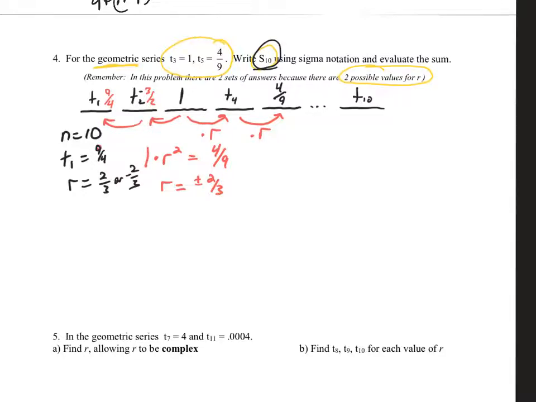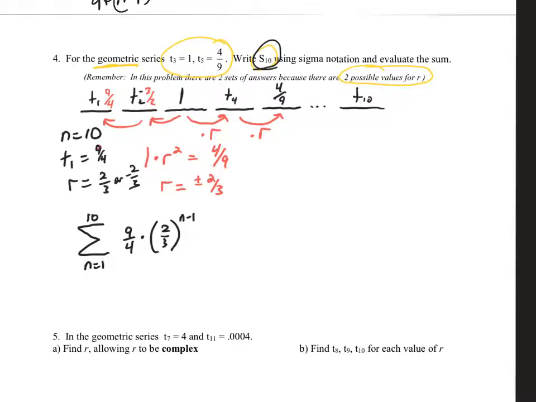All right, so I have enough information to write my sum in sigma notation. So let's do it. We're going from 1 to 10 of 9/4, T1, times my ratio, which is 2/3, to the n minus 1 power.